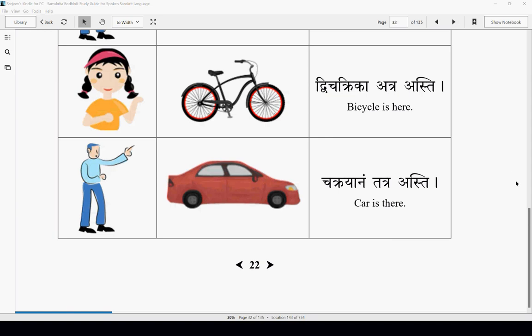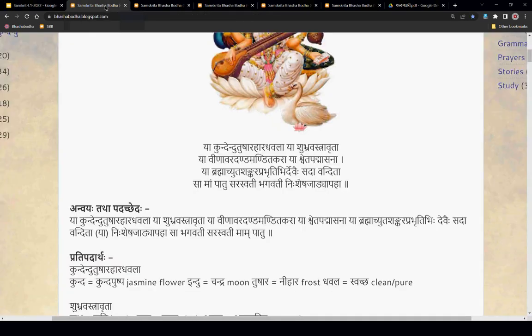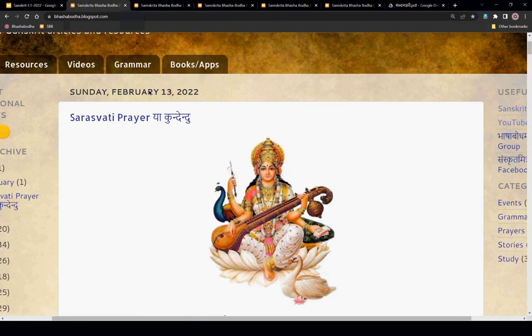Where to use anuswara and where to use ma, that you can find on the blog. Let's go down.